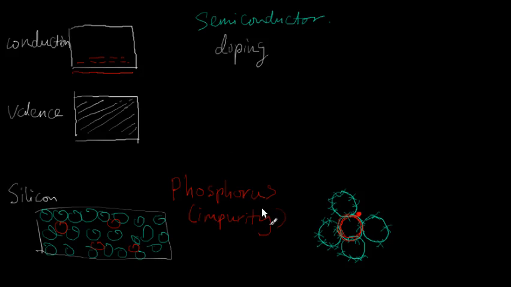There is another way. The other way is to add another type of atoms, in which instead of giving an extra electron after doing the bonding with the other silicon atoms, there is another type of atoms with fewer electrons, so that by introducing, say, something like aluminum, okay, that's the other example, aluminum instead of phosphorus.